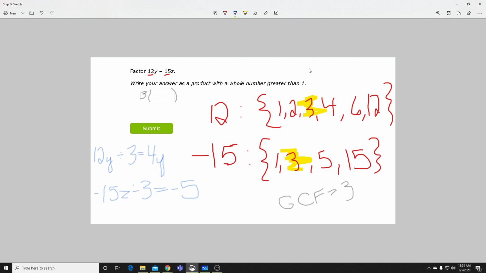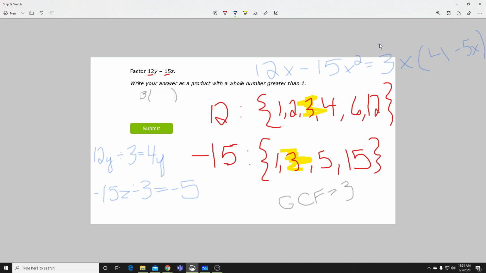If we had the same question, but it was 12x minus 15x squared, you could say, well, each of these has an x, and this is an x times an x, so you could factor it out like this: 3x(4 minus 5x).